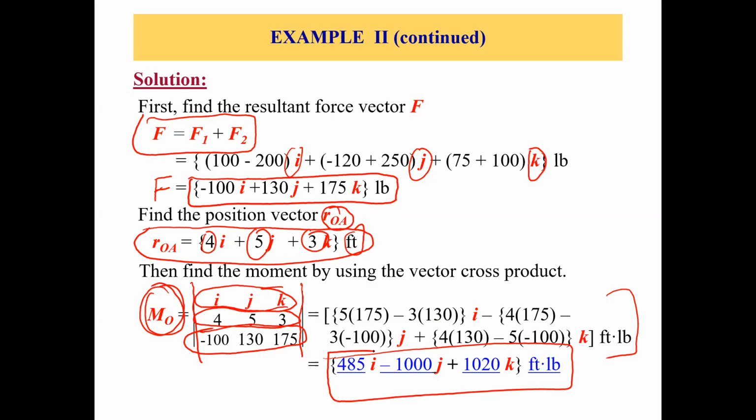And don't forget to write the units. In this case, we have force in pounds and distance in feet, so it's foot-pound. That's how you use the vector cross product to find the vector form of moment.